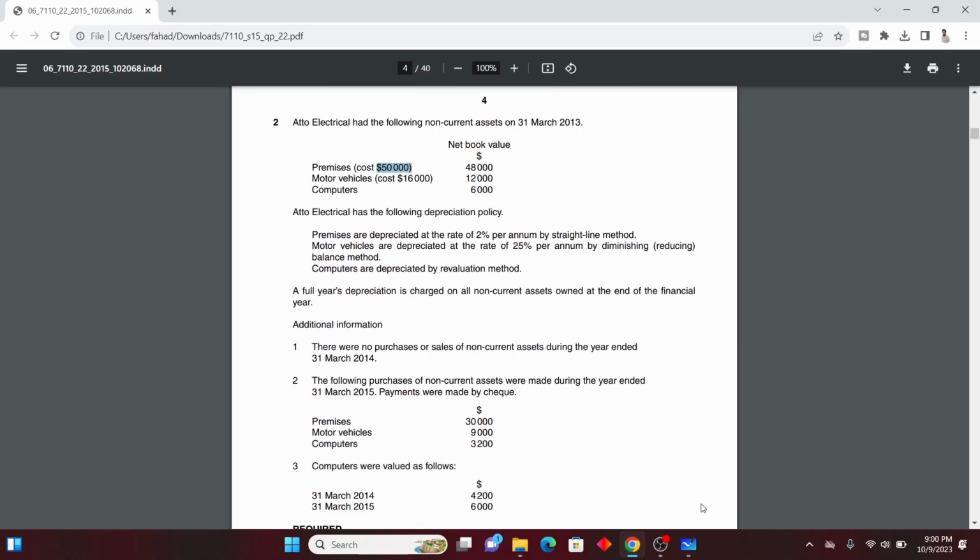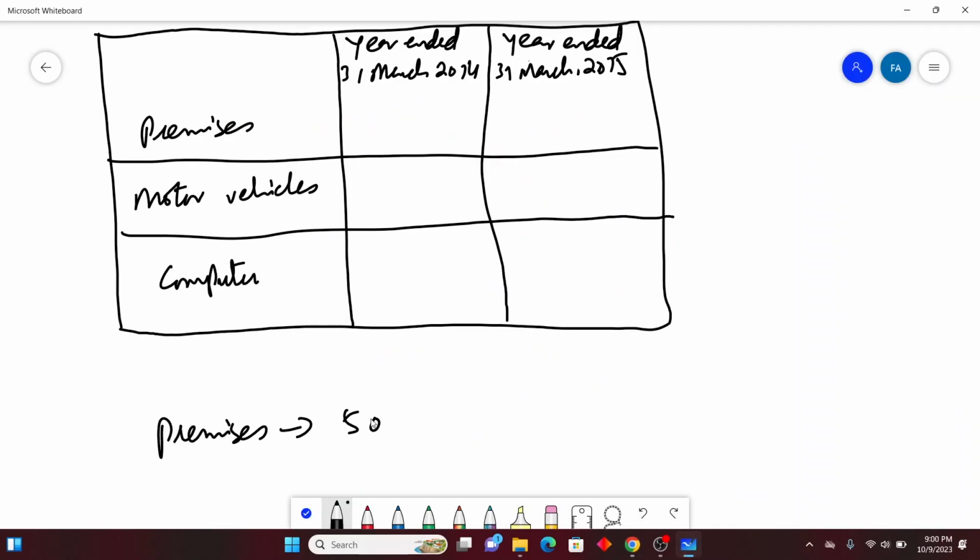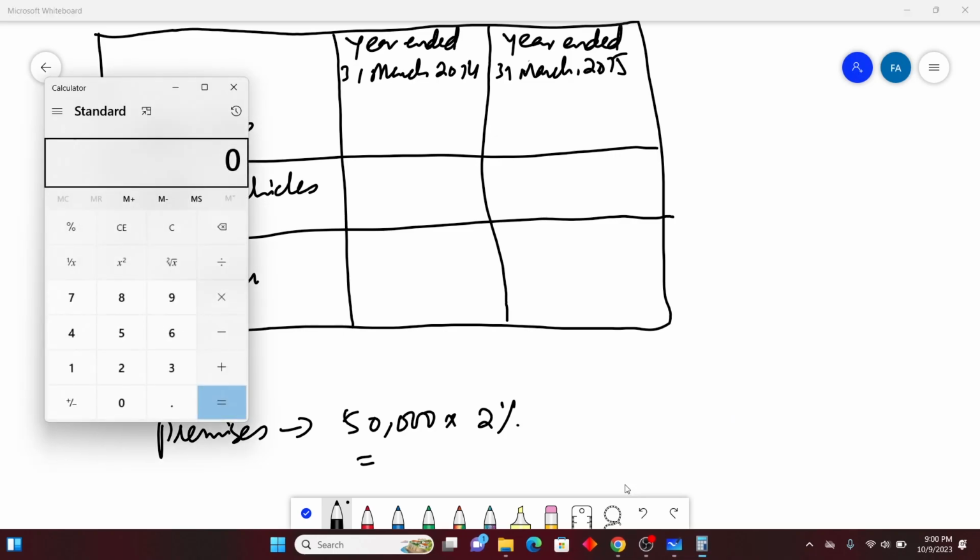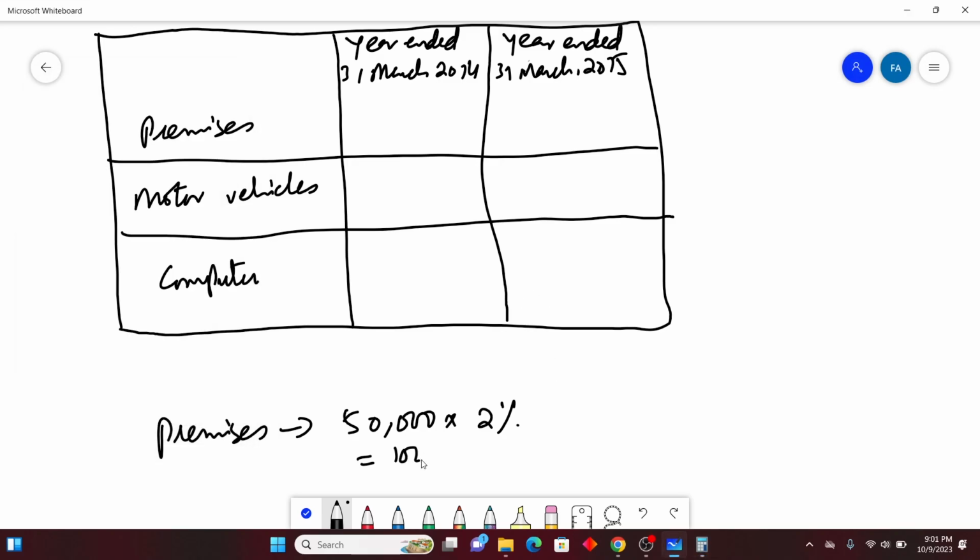So I picked this cost and I just multiply this 50,000 into 2%, which will give me an answer. I just need to use my calculator. So 50,000 multiplied by 0.02, which is 2%, which will give me the depreciation of 1,000. This is my depreciation.